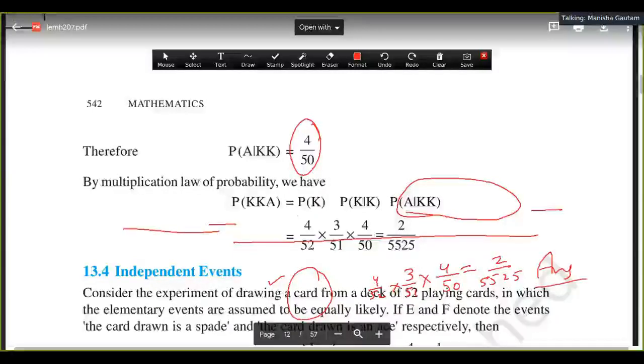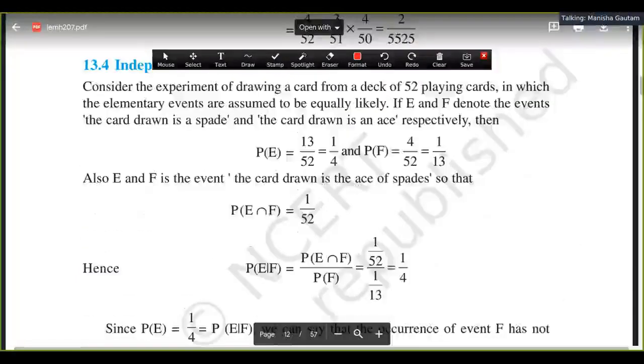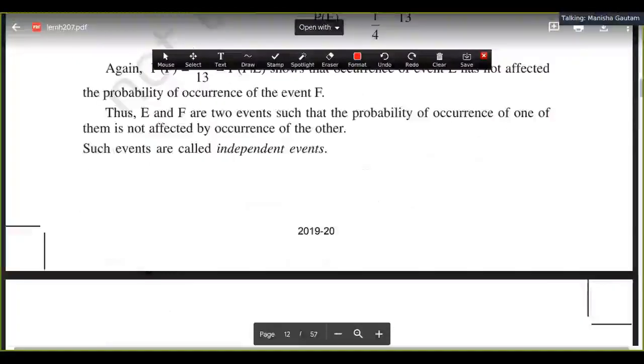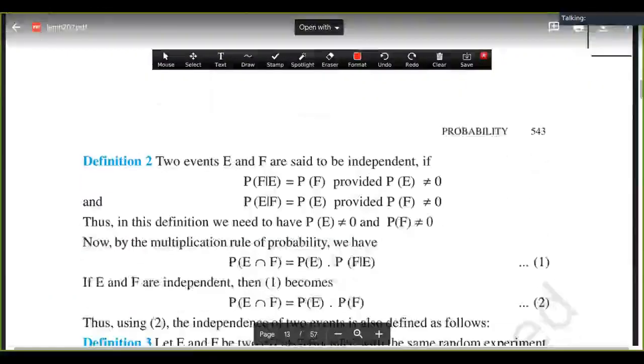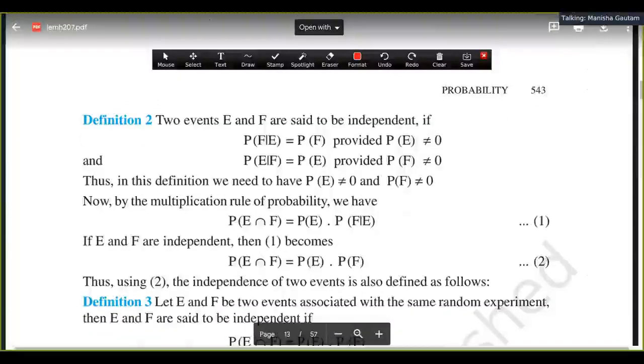Now, the next concept is independent events. What are independent events? We have to check whether the two given events are independent or not independent. Here is a formula to check the independence of the events. Here is the definition.